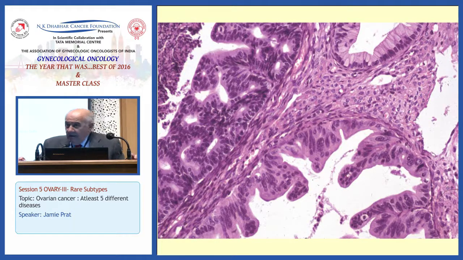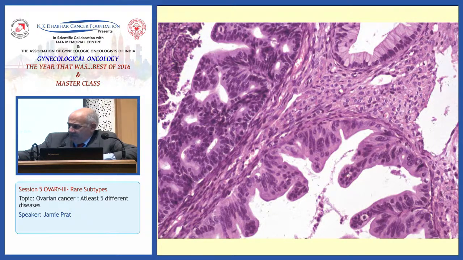But on the other hand, some people claim 20%. You see, if you have a risk-reducing salpingo-oophorectomy for BRCA positive, how often do you find STIC? 4%.